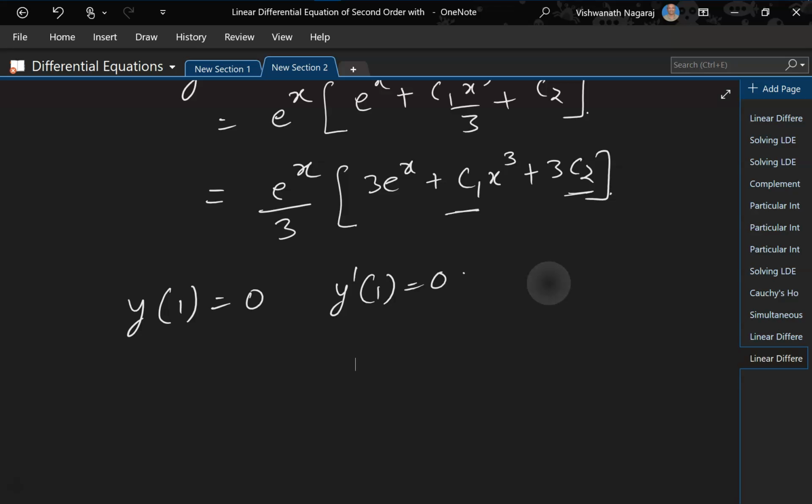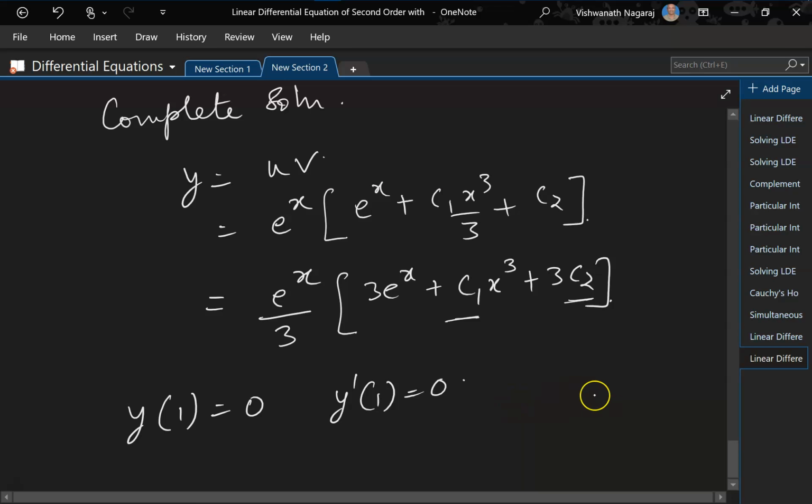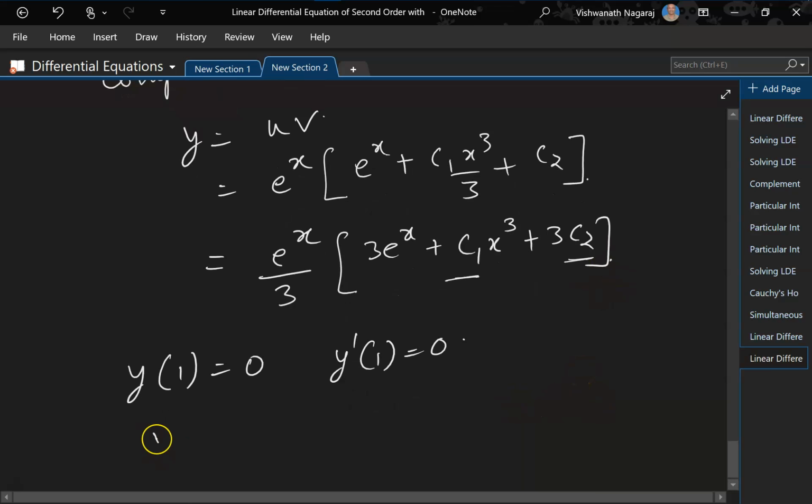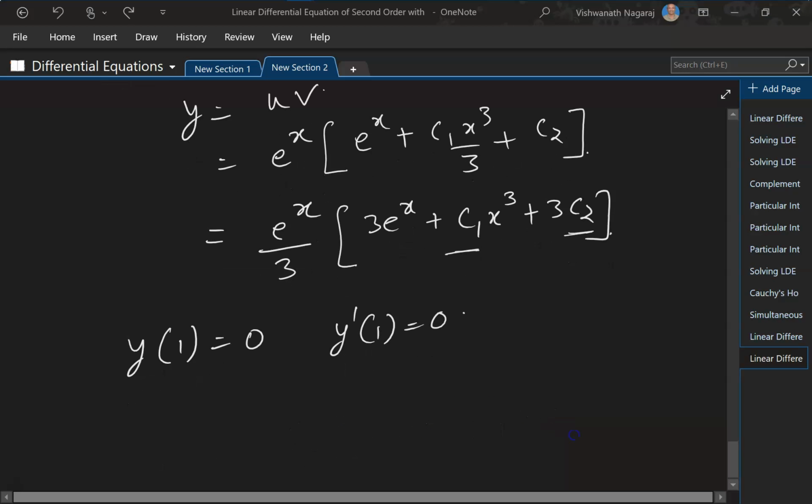So y of 1, y is equal to what? We already have this one. So y of 1 would be equal to e over 3 times (3e plus c1 plus 3c2).